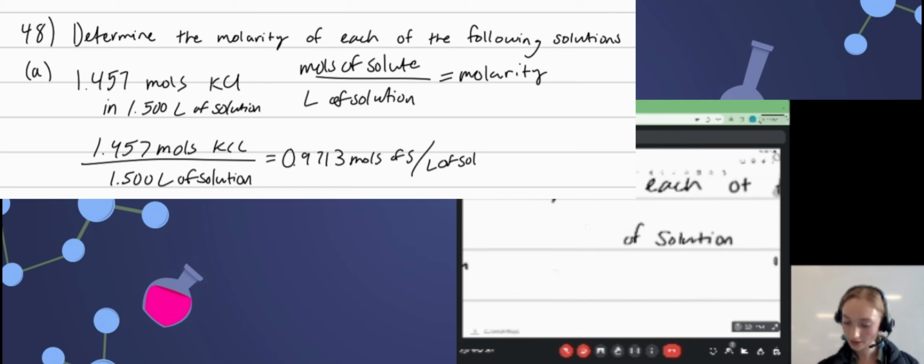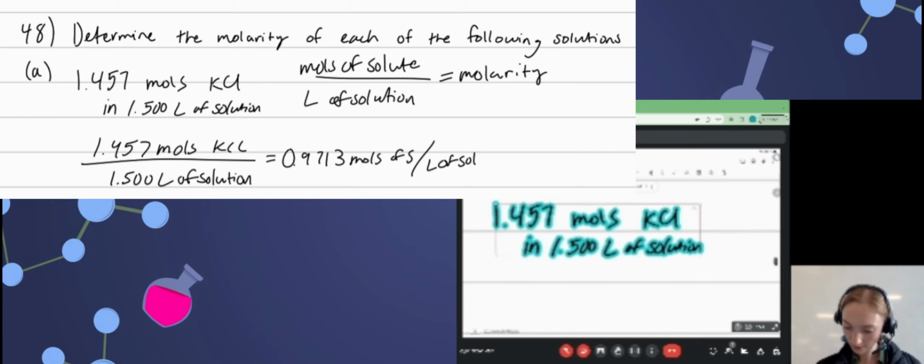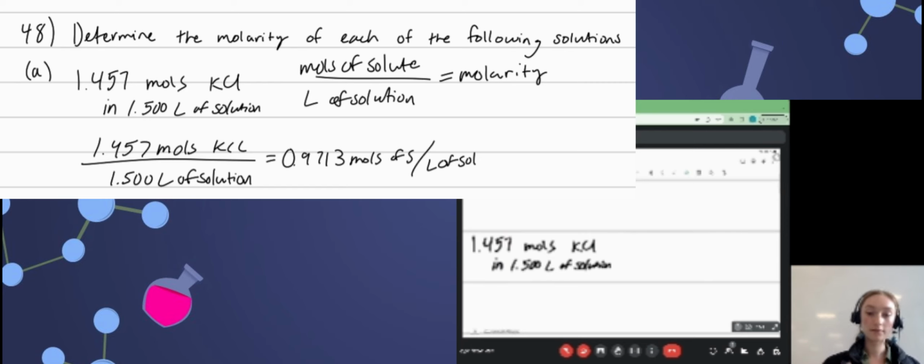Okay, so since we're starting out with this amount, we have moles of a solute and we have liters of the solution. So this amount of 1.457 moles is already in the solution, and since we're working with moles of solute and we know the amount of liters of solution, the total amount of everything, that's the definition of molarity.